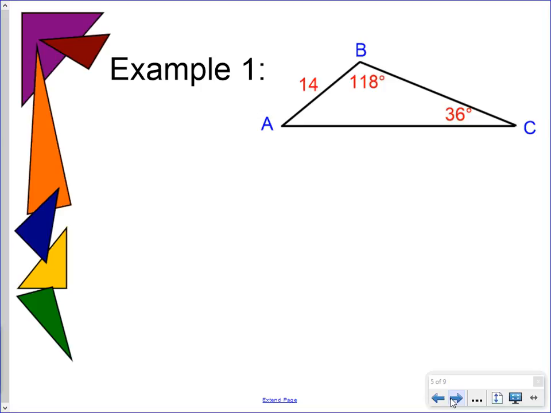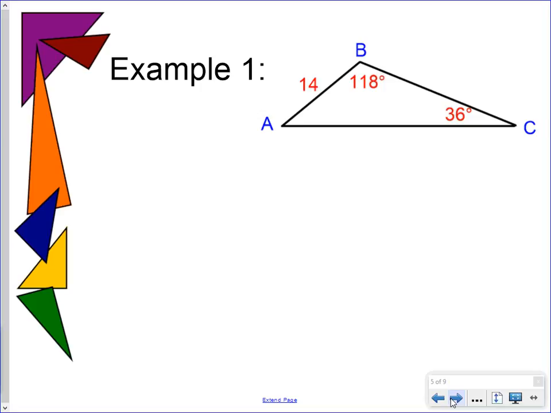So I've got triangle ABC. Angle B is 118 degrees. Angle C is 36 degrees. And side C, or segment AB, is 14.